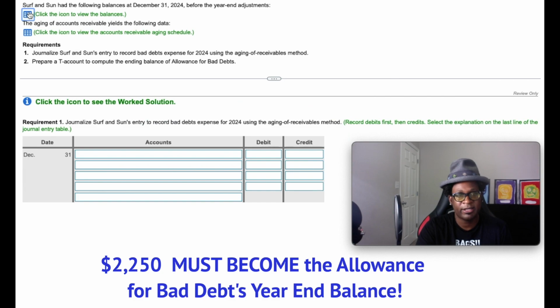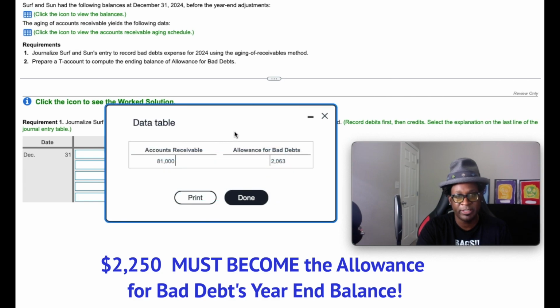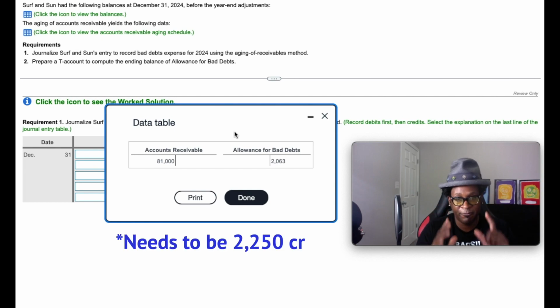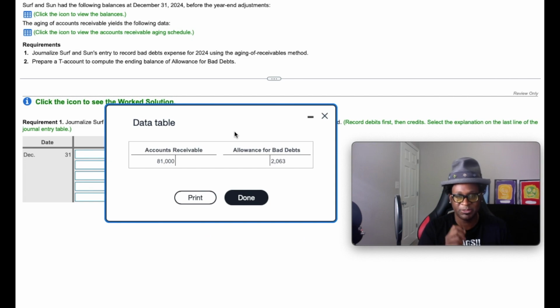If we look at our unadjusted balances for the period, we see that our allowance for bad debt already has a pre-existing balance of $2,063. But gang, based on our new calculation from the aging table, we know that balance should be $2,250. So, in order for that account to be fully adjusted, we have to make an adjusting entry for the difference between the two.